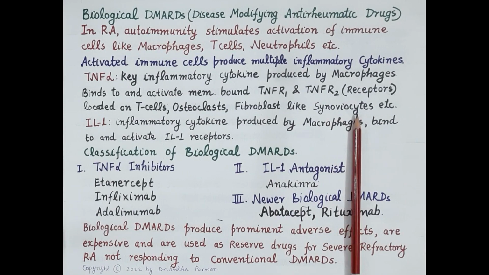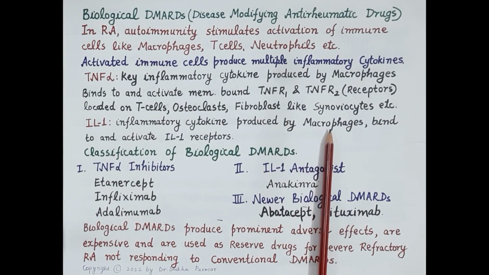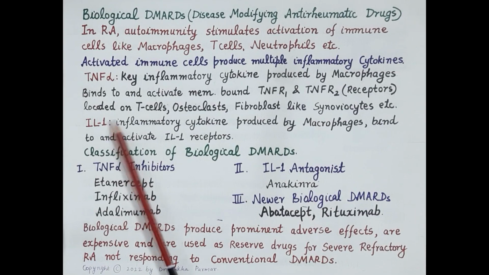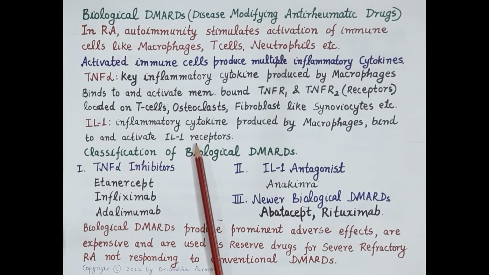And pannus is the structure that destroys the cartilage and bone of a joint. Another important cytokine is interleukin 1. Interleukin 1 is also produced by the macrophage. It is also an inflammatory cytokine. Now interleukin 1 binds to interleukin 1 receptor, gets activated, and then it produces inflammation.